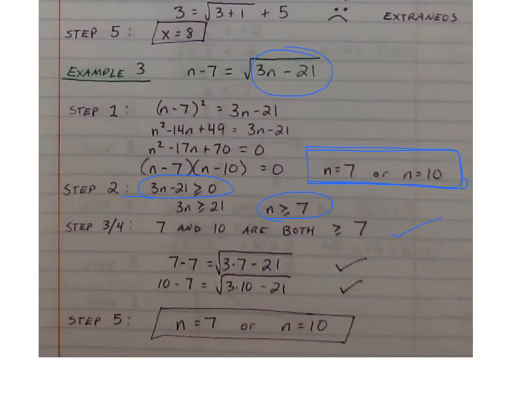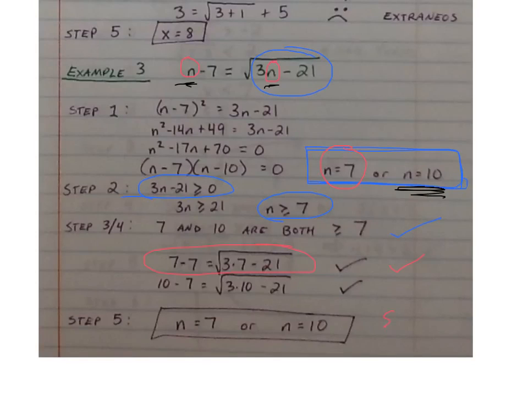So first I plugged 7 in for the n's, and I found that 0 equals the square root of 0, and that checks out. And then I did the same thing for 10. I plugged 10 into the original equation, and I found that 3 equals root 9, and that checked out. So both answers are part of the solution set.